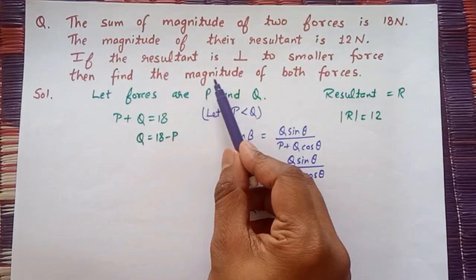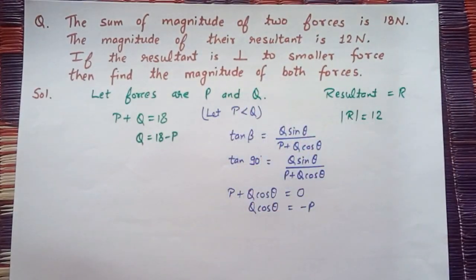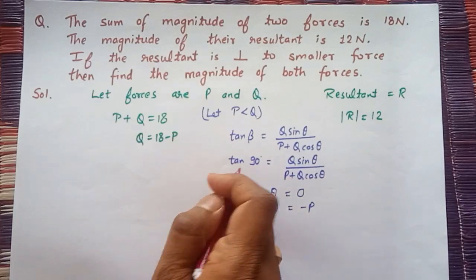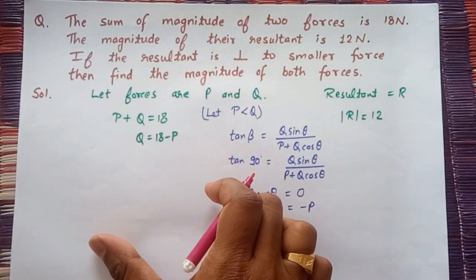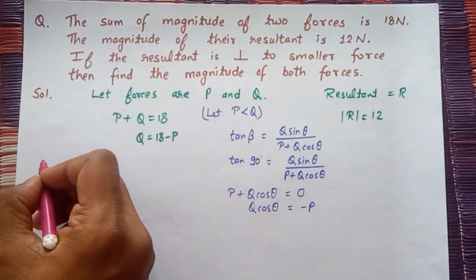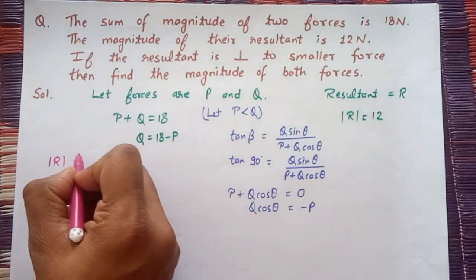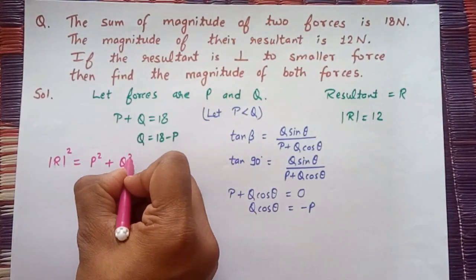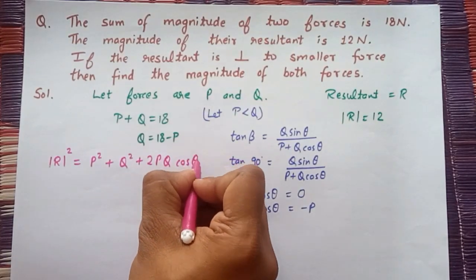The question is saying to find the magnitude of both forces, means we have to find the value of P and Q. So what to do to find the value of P and Q? Let's put it in the formula of R, since the modulus of R vector is 12. So I am applying the formula: R square is equal to P square plus Q square plus 2PQ cos theta.